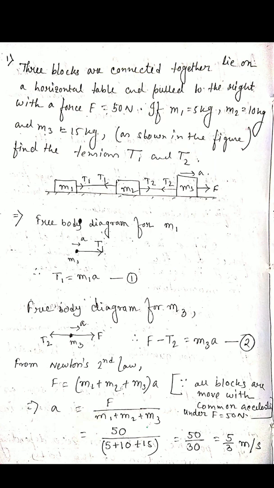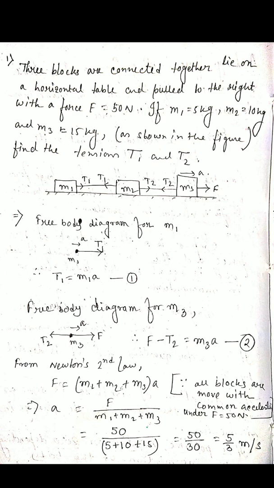So A equals F divided by M1 plus M2 plus M3. We know the F value, 50, and M1, M2, M3 are given. So we find A is 5 by 3 meter per second square. Sorry, the unit was wrong earlier; correct it to 5 by 3 meter per second square.